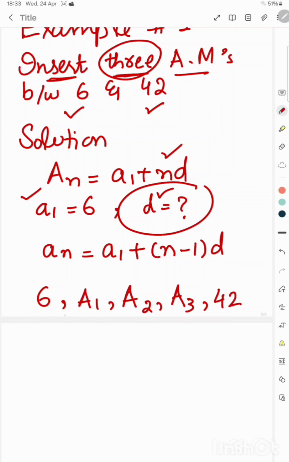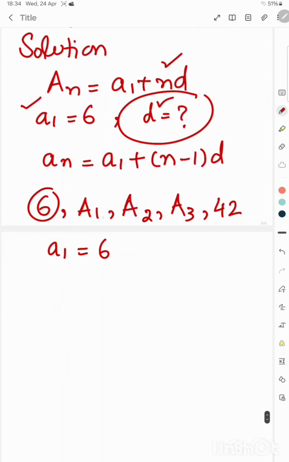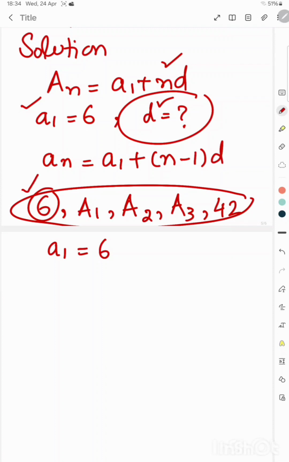From this sequence you can see the first term a1 is equal to 6. Okay, and what is n? N is the total number of terms in this sequence. So just count the total number of terms: 1 2 3 4 5. So here n is equal to 5 and we just have to find the value of d.